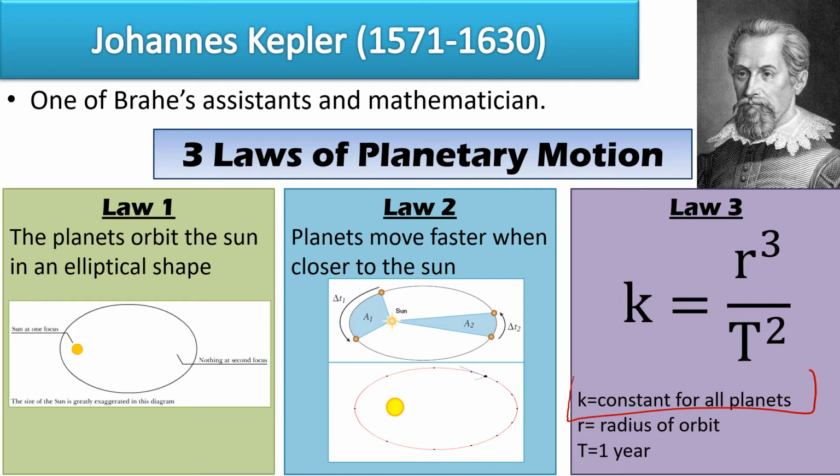K is a constant for all planets, so that's pretty cool. He saw that there was something that was the same for everything. When you take the radius of their orbit, you cube that, and then you divide it by the square of the time it takes for one orbit, or 1 year. And when you do that math, it gets the same number for every orbit. So that was a pretty cool thing that he found.